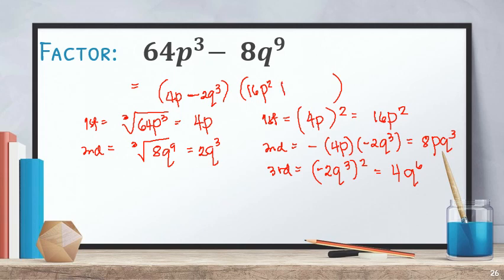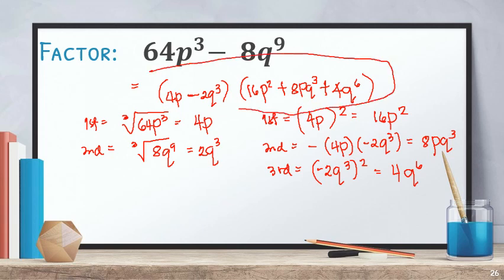Next, plus 8pq cubed for the second term. Let me erase this one because it will not fit. Okay? Next. And for the last term, we have plus 4q raised to 6. And that's it. Our final answer is 4p minus 2q cubed multiplied by 16p squared plus 8pq cubed plus 4q raised to 6.